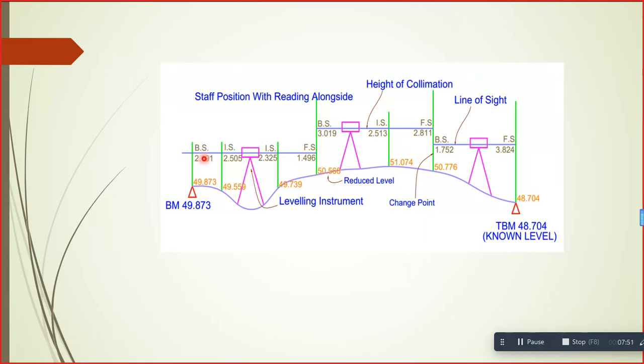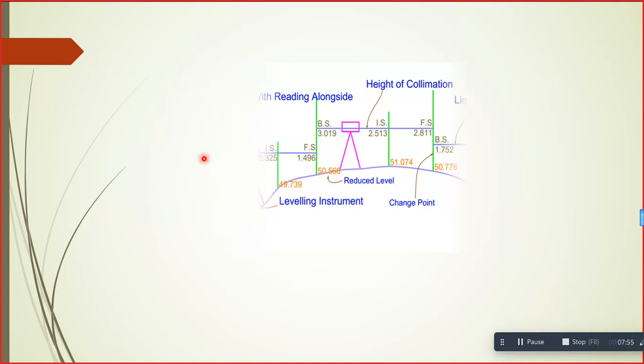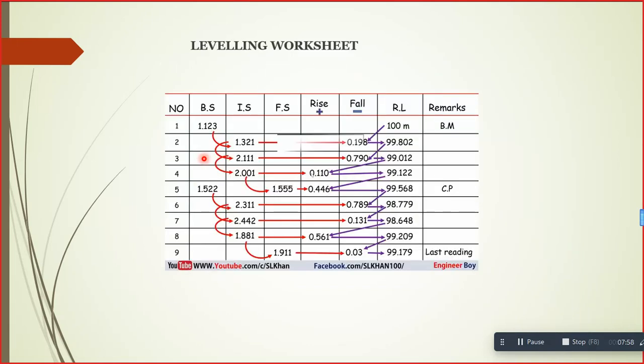So we are going to see how we can work using the rise and fall method. Shortly, we will look at the procedure. We have the table there: backsight, intermediate sight, then the foresight and the rise and fall, and you can see we have the reduced levels and then the remarks.